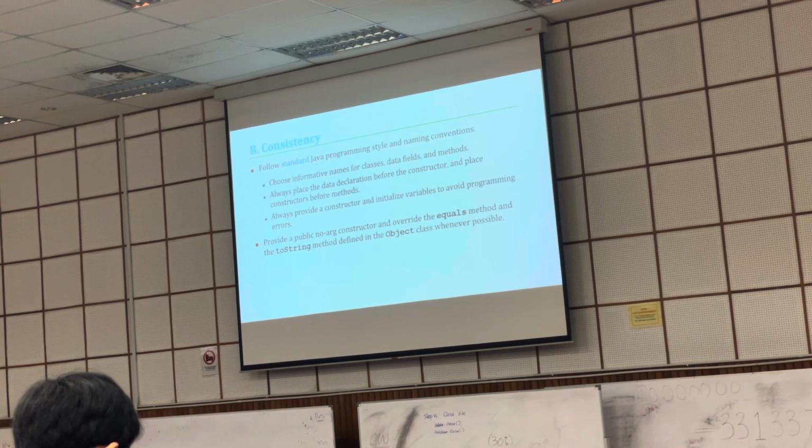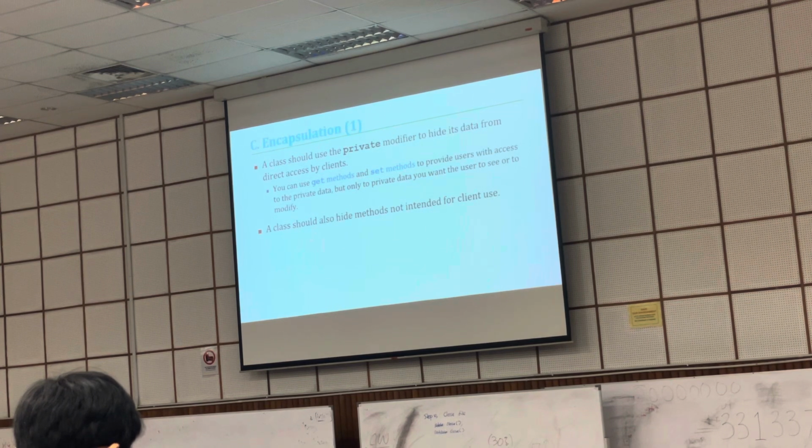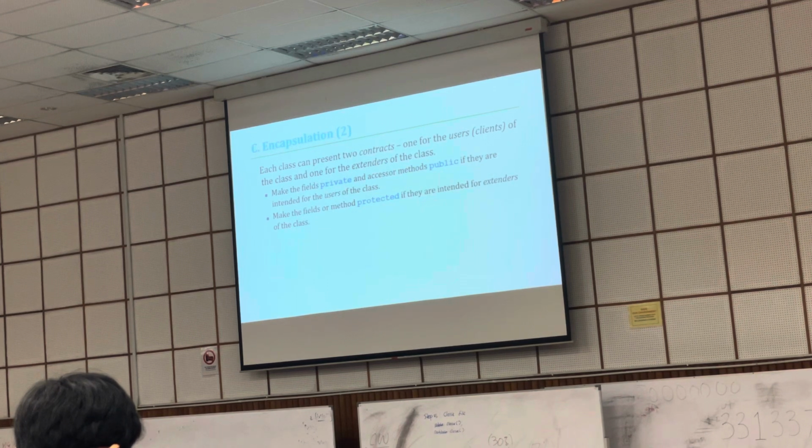Consistency: follow Java naming convention and also the style. You can override the equals method and toString. Encapsulation: private modifier, with getter and setter methods as public methods. Okay? That is how you can do it.